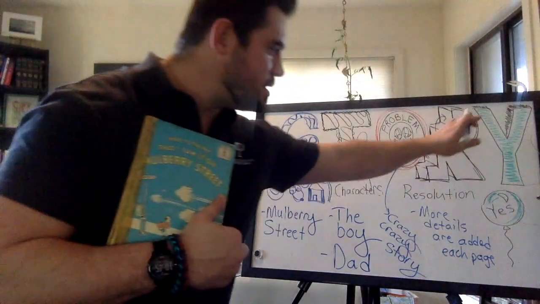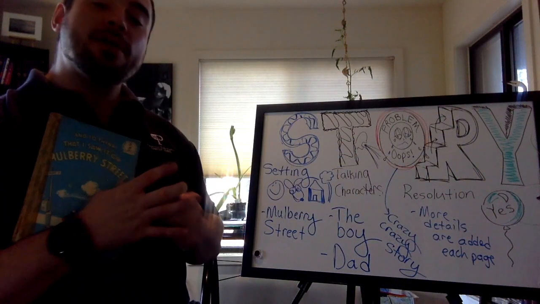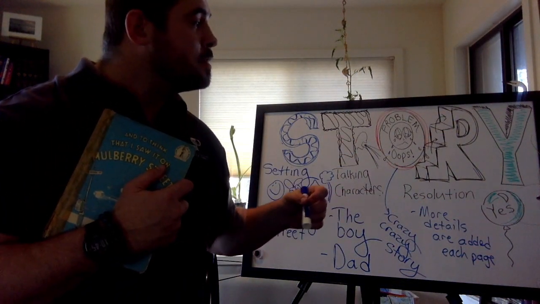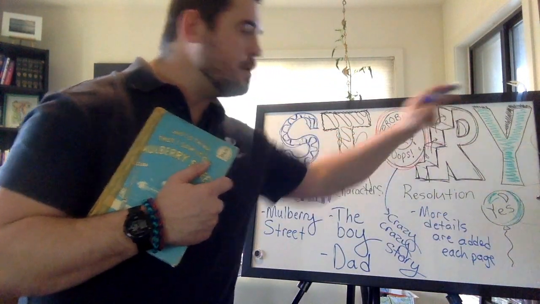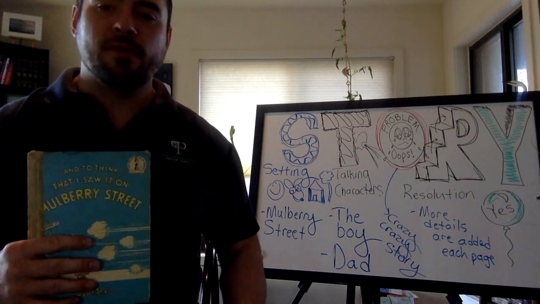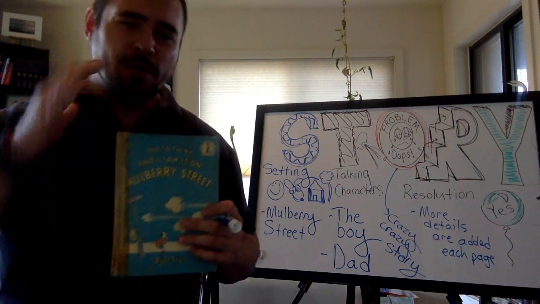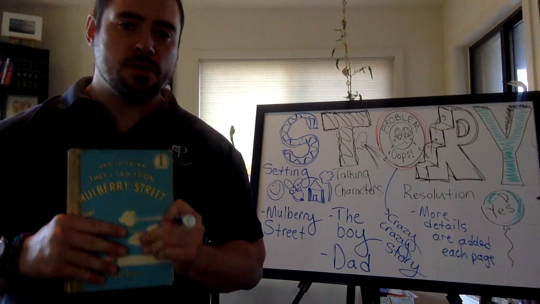So that could be the conversation with the dad at the end. You might think that the solution was when all of the characters were together in that parade. It's up to you, whatever makes the most sense, and whatever really helps you comprehend and understand the story.